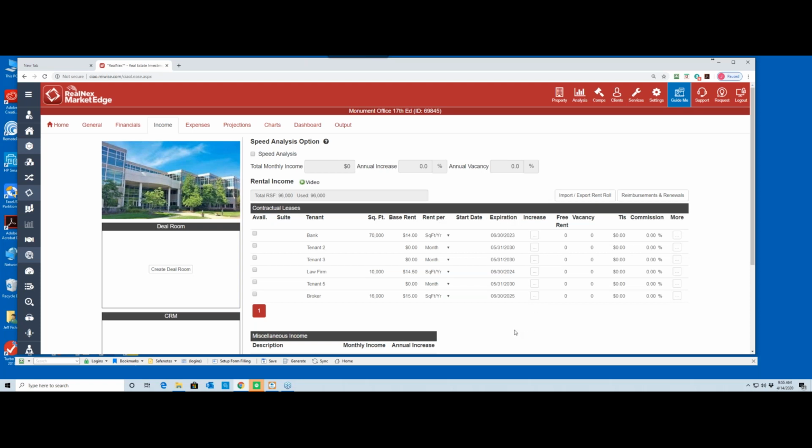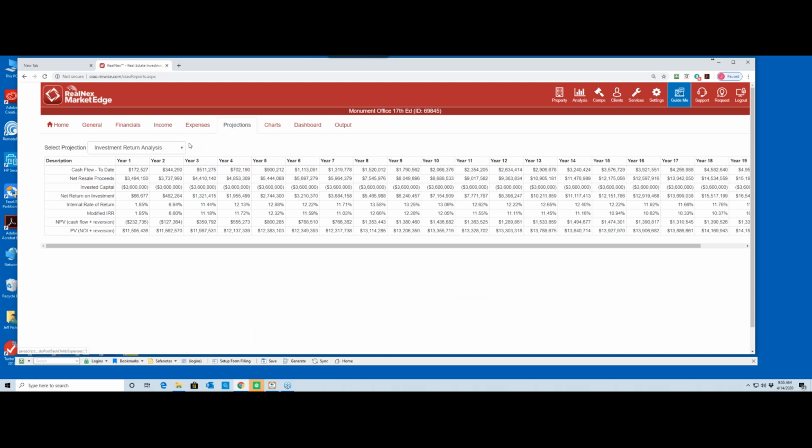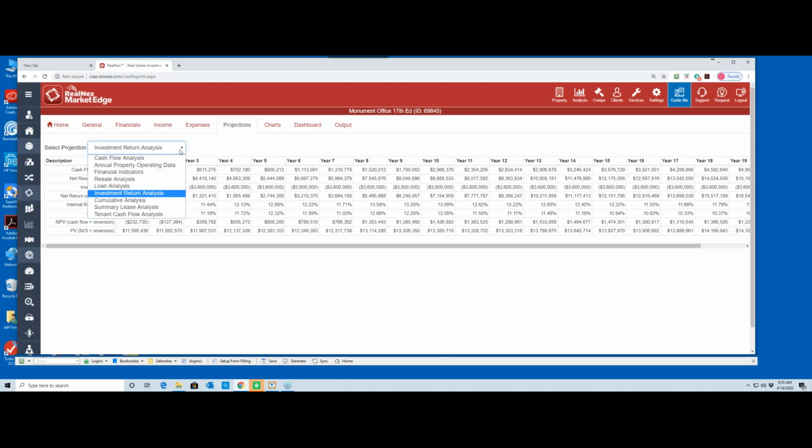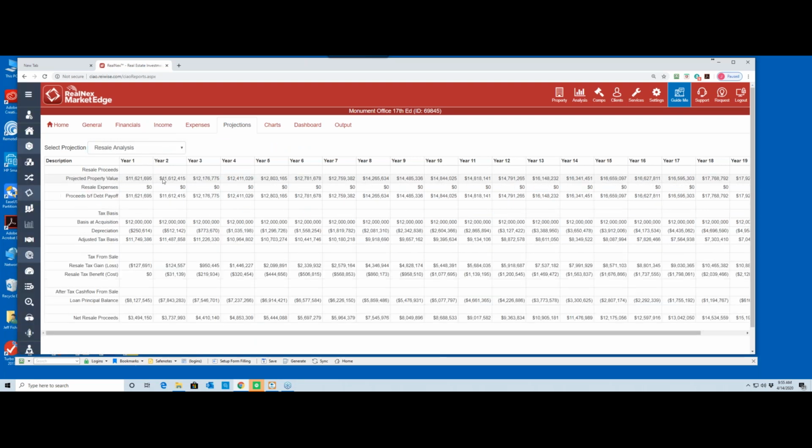You can actually export and import, so you can export a template and then use that template for your import. And if you have all of your data in CRM or Marketplace, you can import it from there as well. Particularly from the CRM, if you're tracking a stacking plan of a building, all of that information can come straight through into MarketEdge.